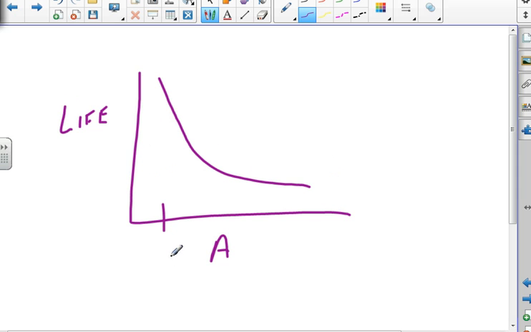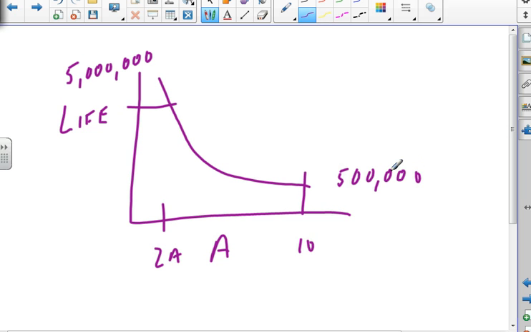If I'm only going to send through a mere 2 amps, then I would expect an age of 5 million cycles. But if I send in 10 amps, then I expect only 500,000 cycles on that switch. And that has to do with the arcing and sparking caused by more amperage.